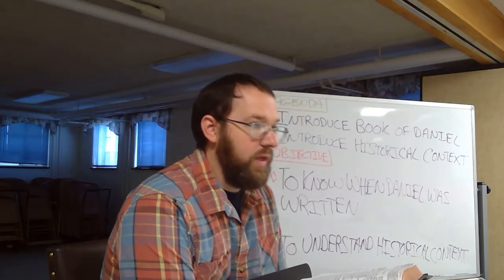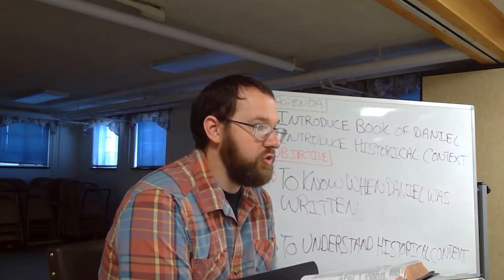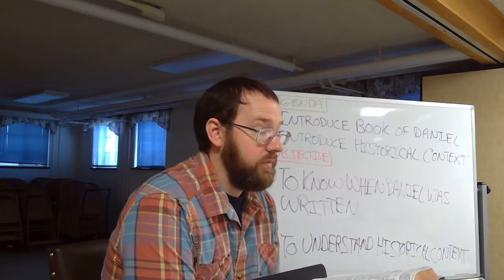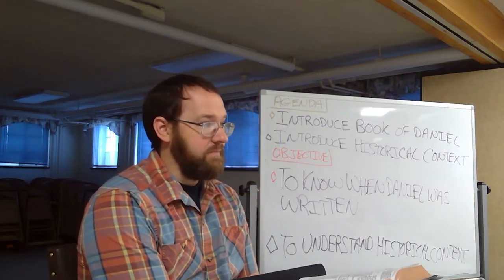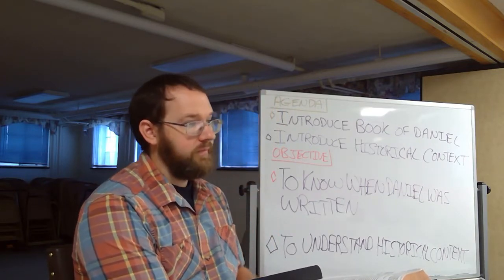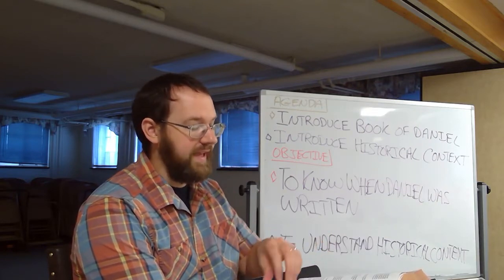Some people will say that the book of Daniel was written in the 2nd century BC, somewhere between 200 and 100 BC, about 300 years after the event. Can anybody guess why that might be the case? Why would people date it so late?